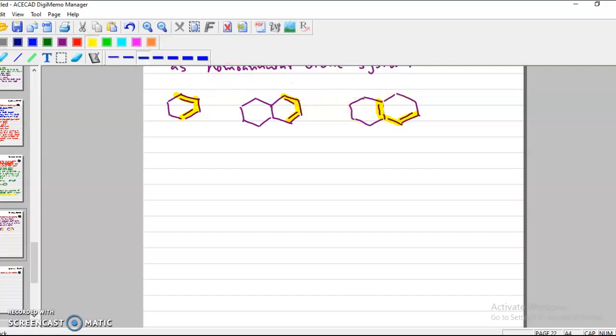Suppose we give the names A and B to these rings, then this double bond belongs to A ring as well as B ring, and therefore this becomes a homoannular diene system. So please remember that this double bond belongs to both the rings A and B. That is why it is called homoannular diene system. Next example can be like this also.